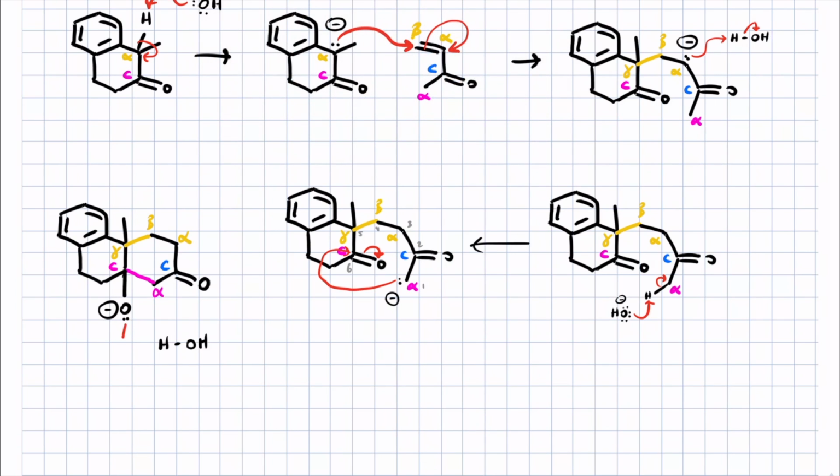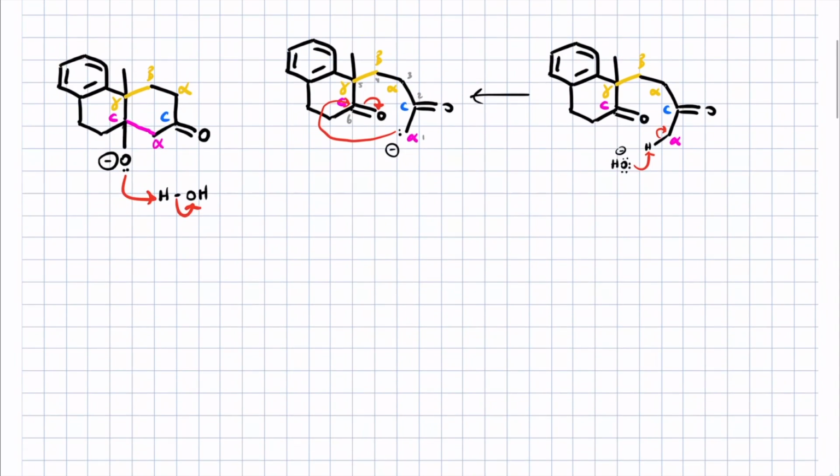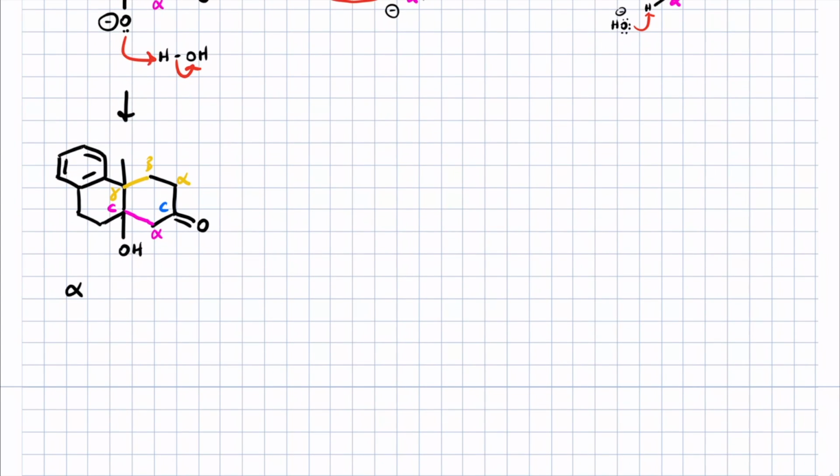We'll protonate that negatively charged oxygen in the tetrahedral intermediate using water. And the product of that reaction is this beta hydroxy ketone, which is an aldol product.